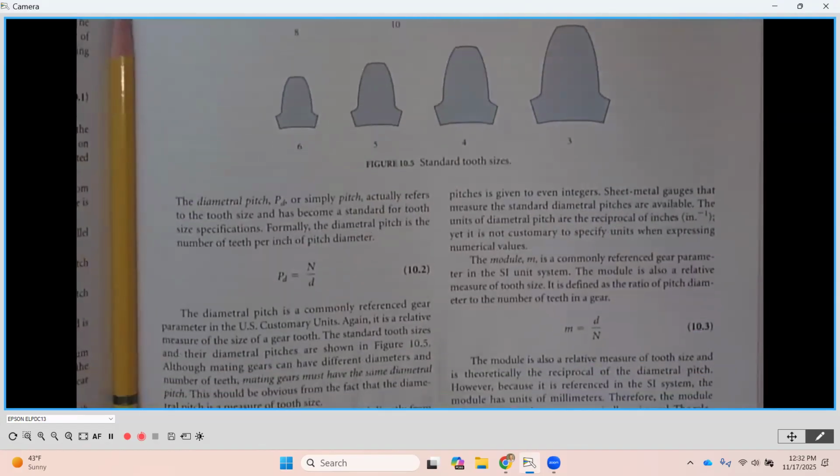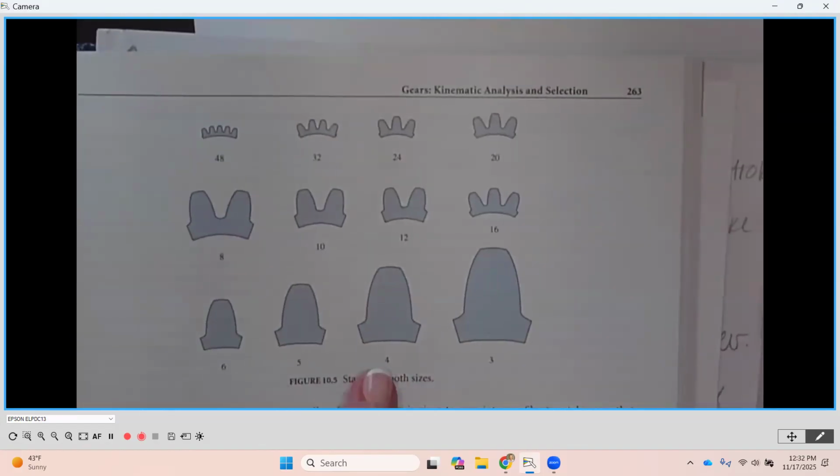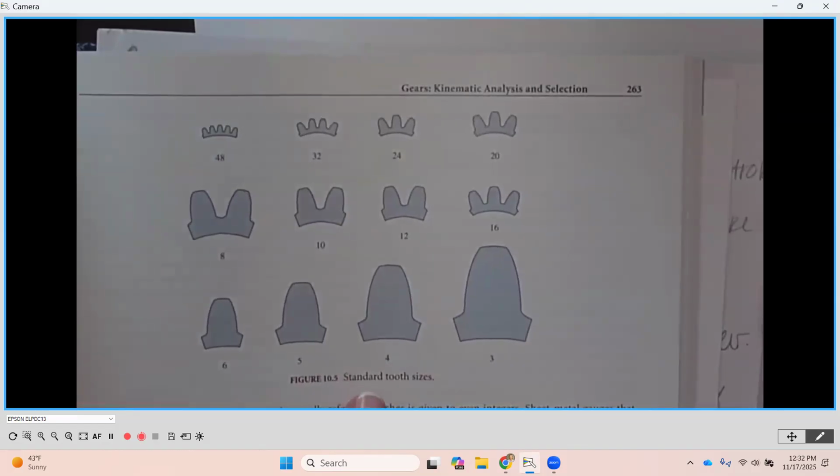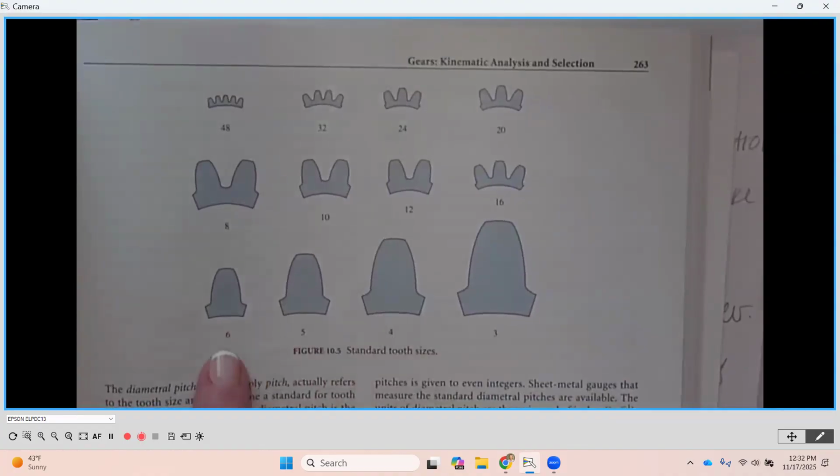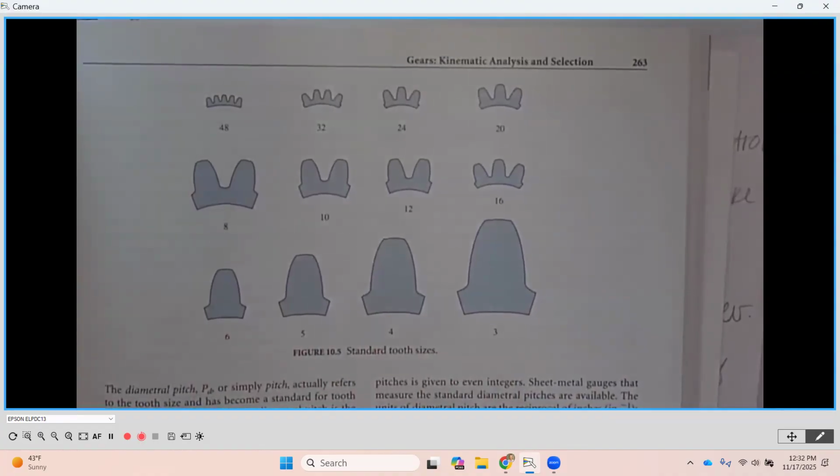Now, as we look down here, and before we move on, this is going to be standard tooth sizes. To identify these tooth sizes, these numbers are referred to as diametral pitch. Diametral pitch.